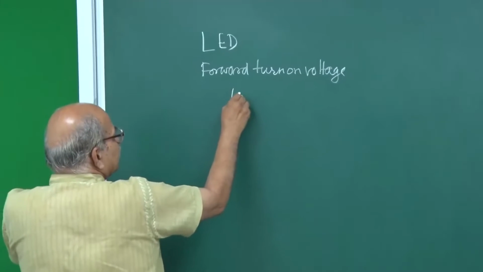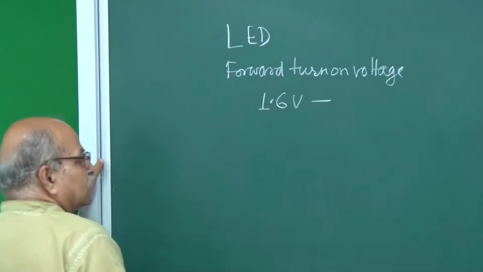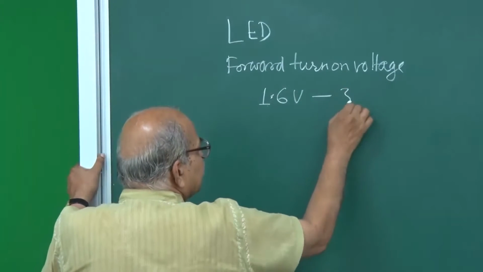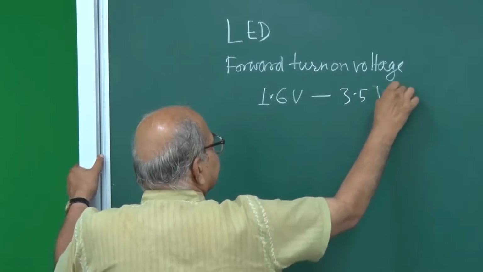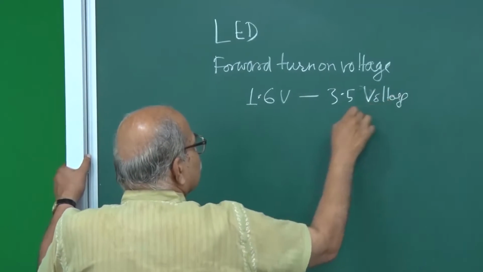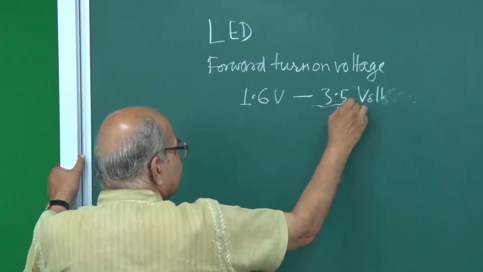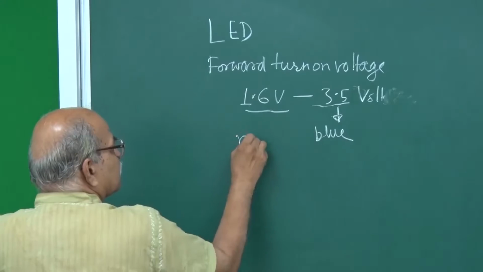It could be somewhere say 1.6 volt for the longer wavelength, and maybe some 3.5 volts for the shorter wavelengths. So this range will correspond to blue, and this range will correspond to red.